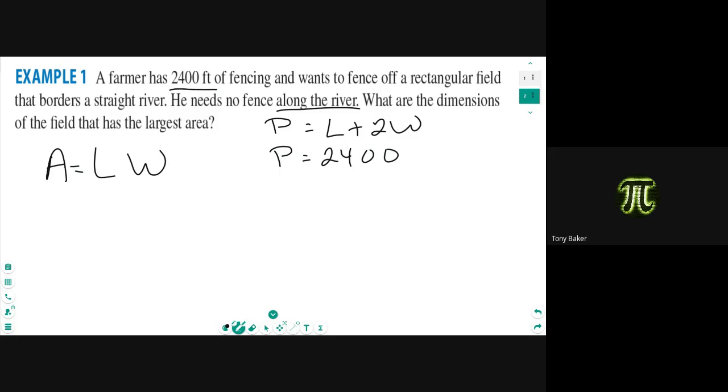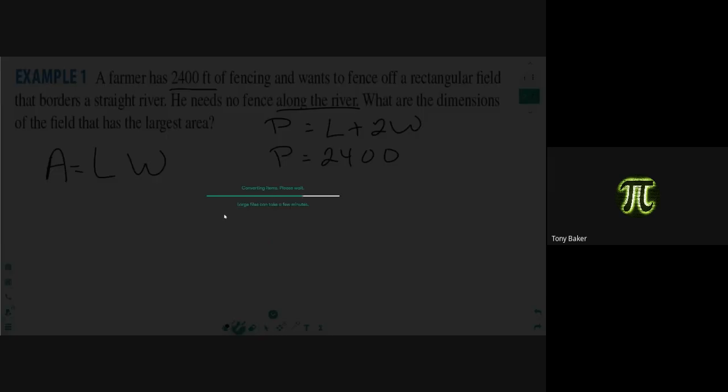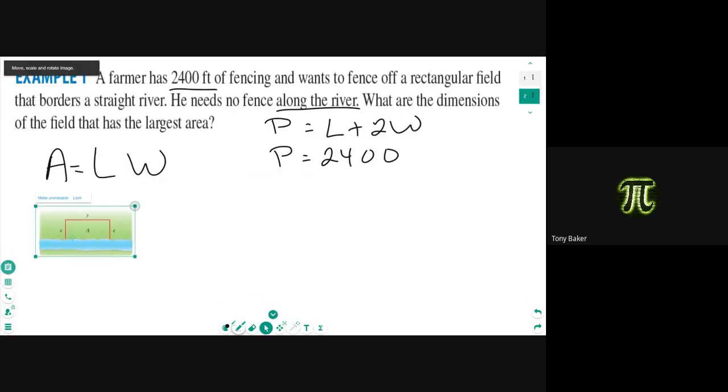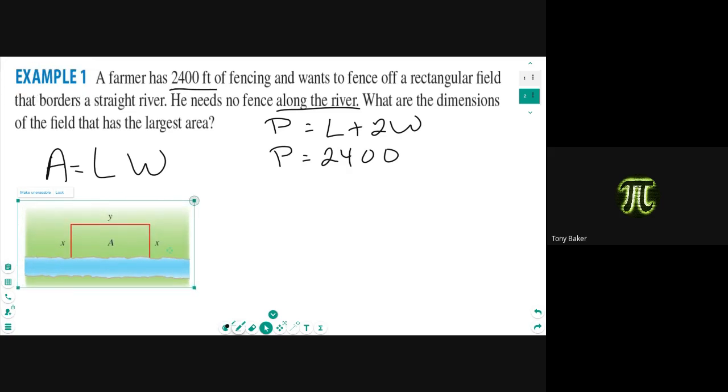Drawing a picture is always a nice thing. It kind of helps a little bit figure out what you're doing. When you're doing word problems, the book always does them in X's and Y's, and a lot of people do them in X's and Y's.